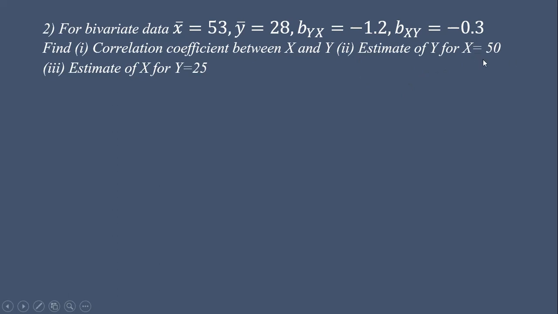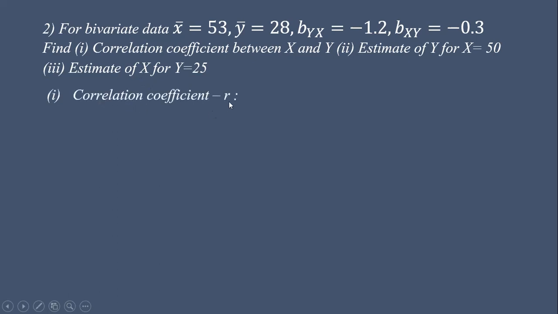That means the value of x is given and we want to find y. So here for the estimate of y, we have to use the regression equation of y on x. And the third is the estimate of x for y is equal to 25. The value of y is given and we want to find the value of x. So here we have to use the regression equation of x on y. Okay, now let us see.